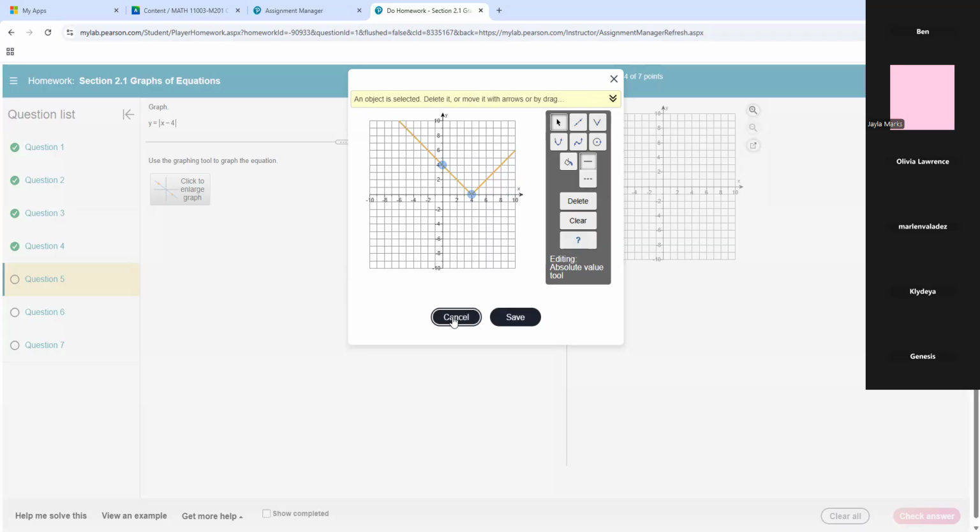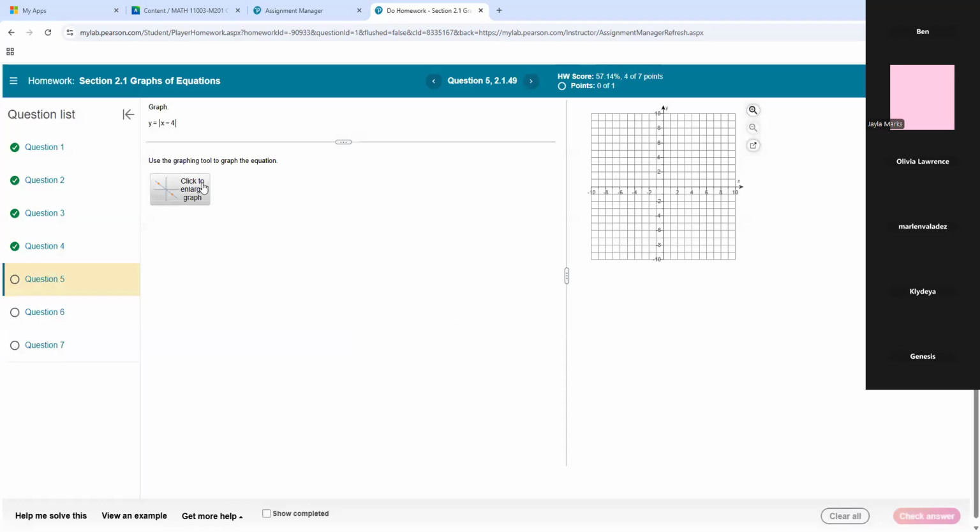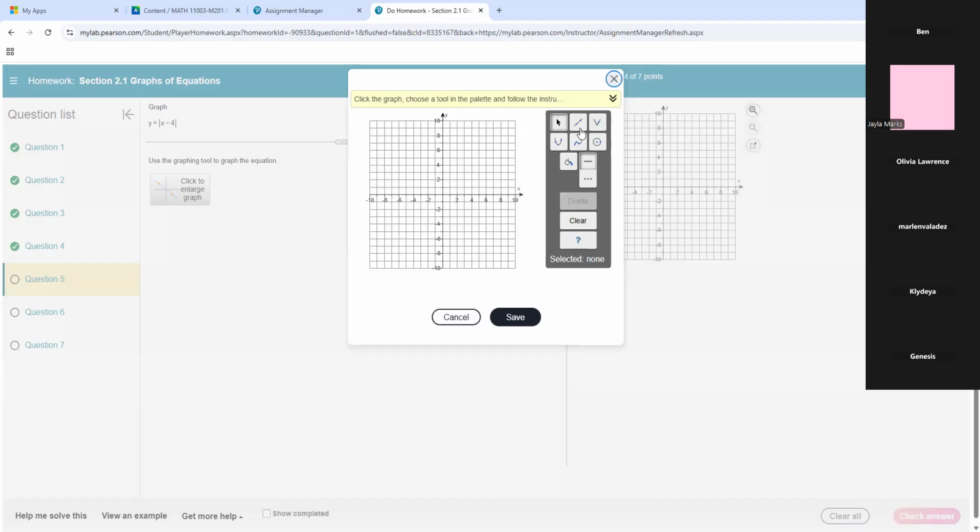Now I want to cancel this. I want to show y'all why you have to do the vertex first. Say you come in and plot 0, 4 first. Here's 0, and there's 4. And then I plotted my 4, 0. Well, look at that.